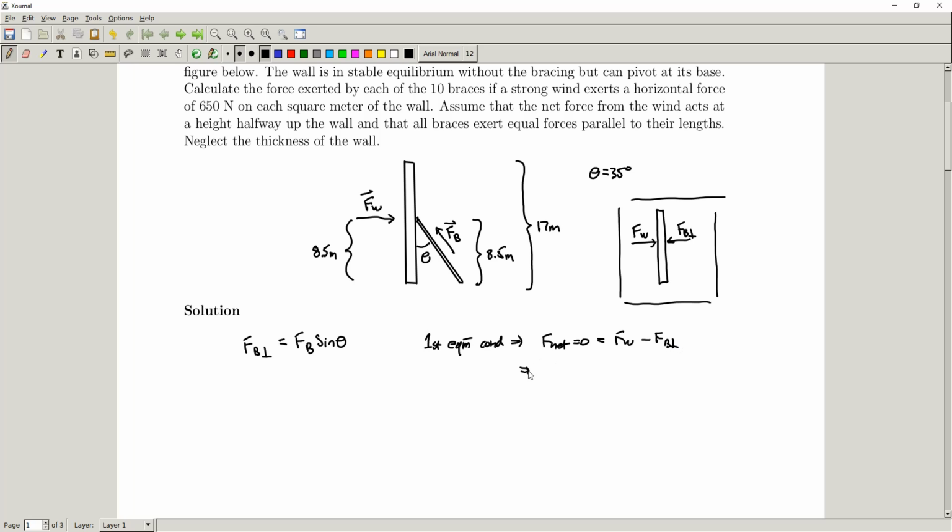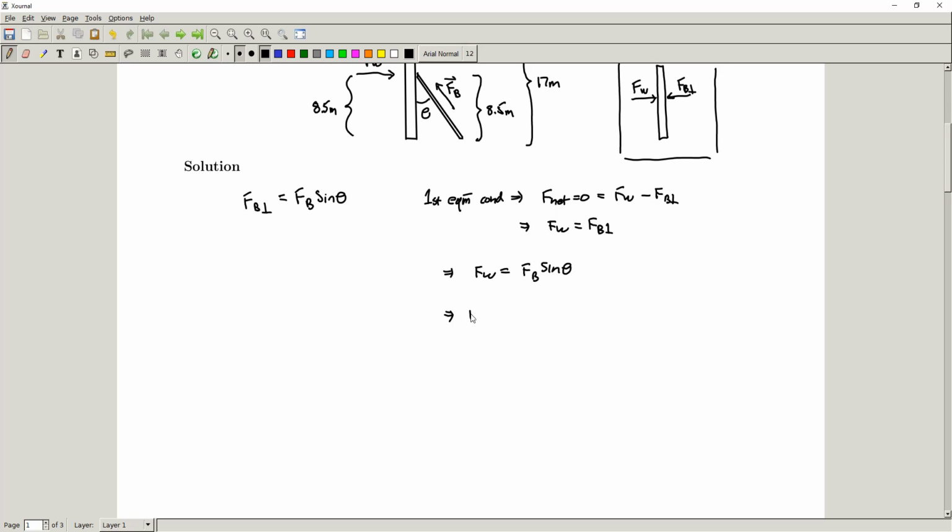And so this tells us that FW equals FB perpendicular, and if we substitute in our expression for FB perpendicular, we're going to end up with the following expression. And if we want to solve for FB, we can do that quite easily. And so now it's just a matter of figuring out what this FW is.